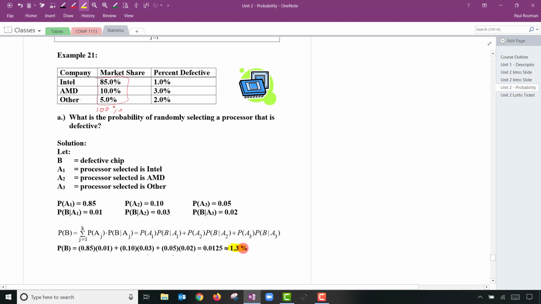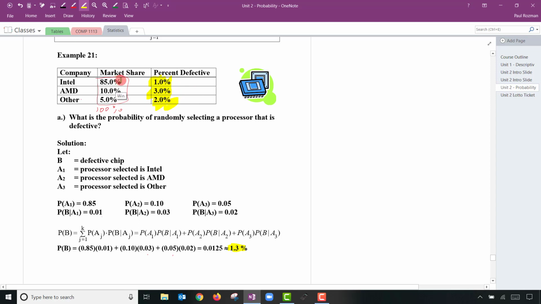The reason it wasn't 2%, as we estimated when we just eyeballed it, is that we don't just take the mean of these three numbers because they're weighted. Basically, we just found the weighted average of these defectives.